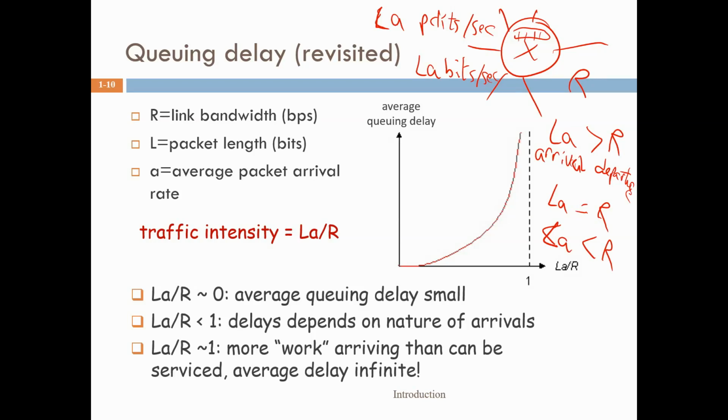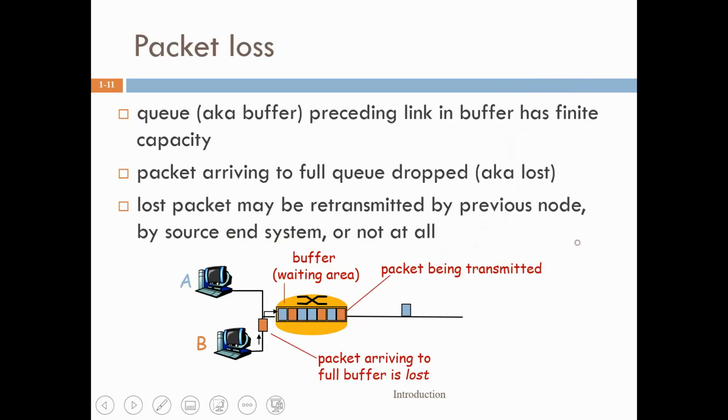If it decreases, then the queuing delay will start to decrease. So at any given time, it is desirable to keep LA less than R. This is actually the main cause of packet loss, that buffers become completely full and the router will have no choice but to throw away packets. This is actually the event of packet loss in this case.